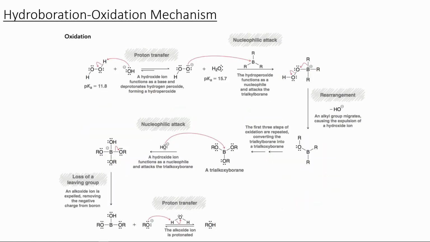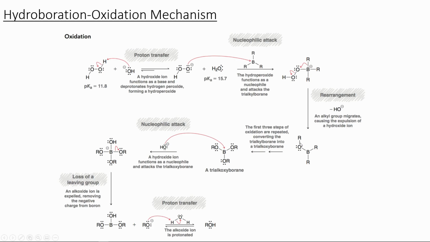And we can draw out the second part of the mechanism. We have a molecule of hydrogen peroxide. In the presence of base, it's going to form this hydroperoxide, and that will attack our alkyl borane. One of the R groups on the alkyl borane is going to migrate to form a new bond with the oxygen, which then breaks the oxygen-oxygen bond in a rearrangement.